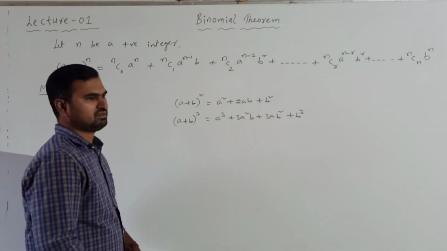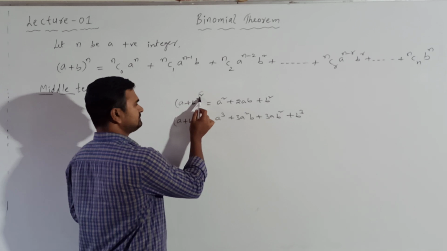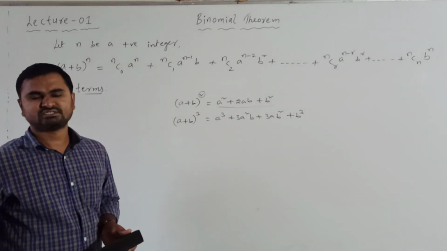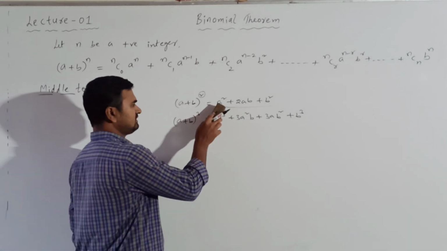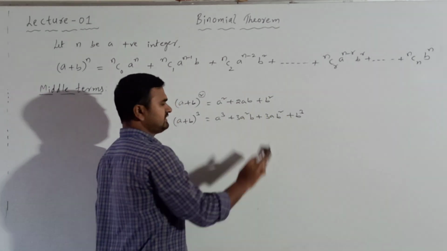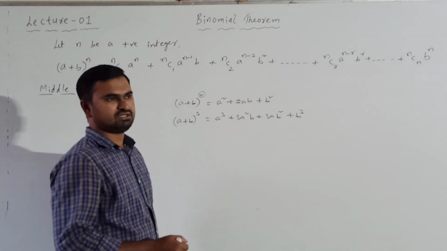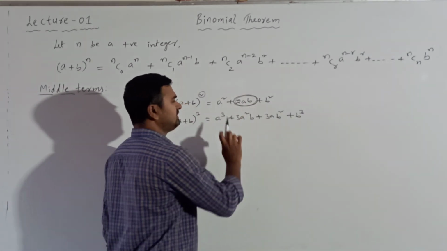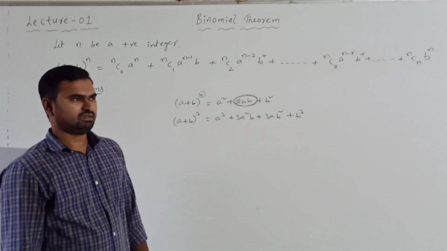Now if you observe, power is 2 and we are getting 3 terms in the expansion. Out of these 3 terms, we have only one middle term, which is 2ab.